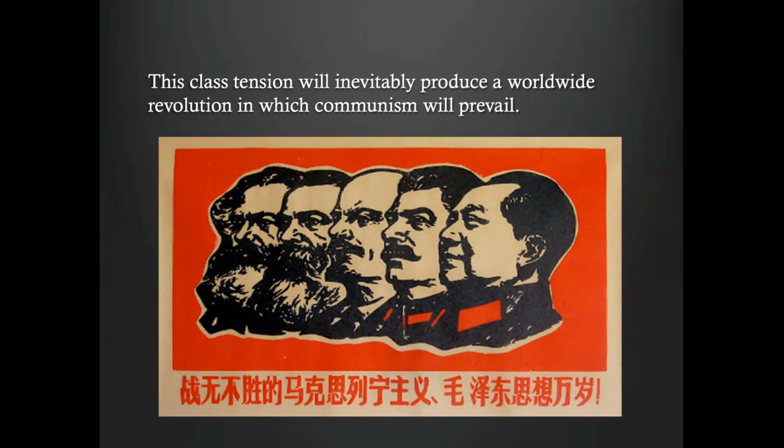And on the basis of his observations, he's saying that this tension will inevitably bring forth a revolution. And that's a bold prediction, my friend. But you've got to give it to Marx. He's not waffling here. Communism will prevail in some form. Inevitably, history is moving towards that goal.